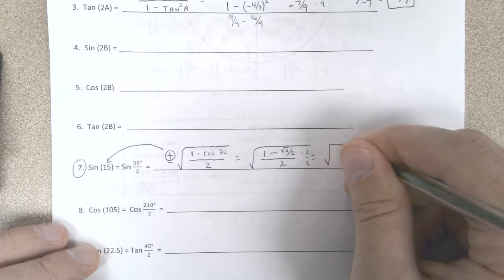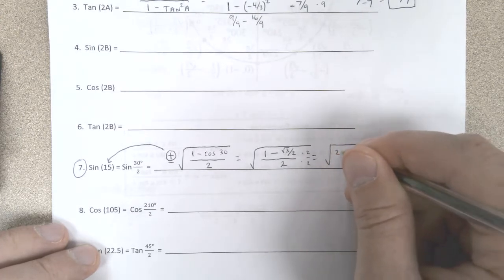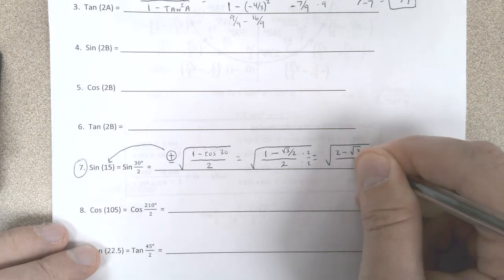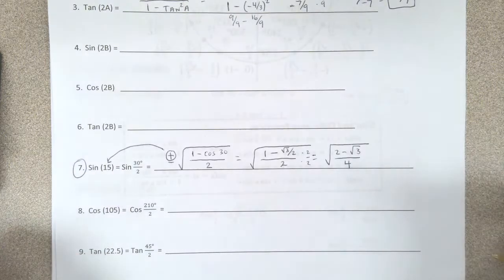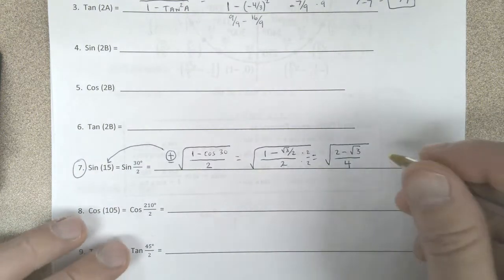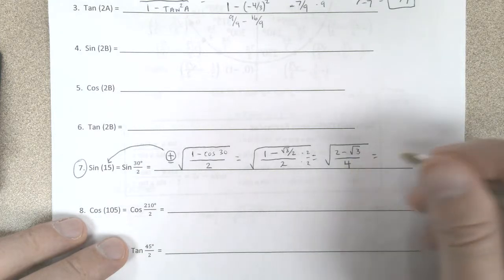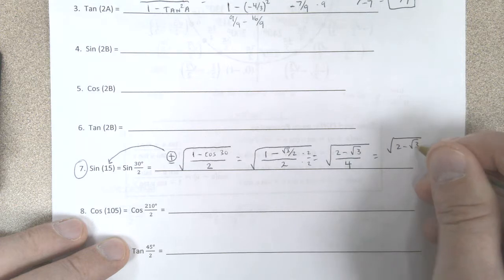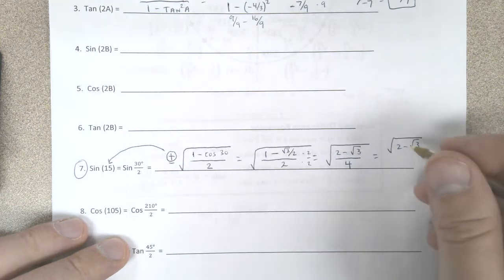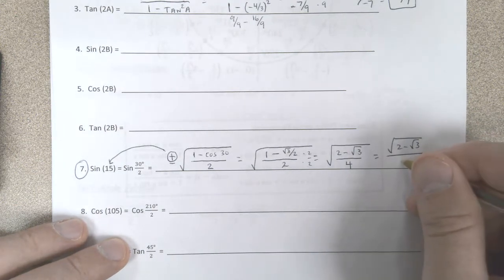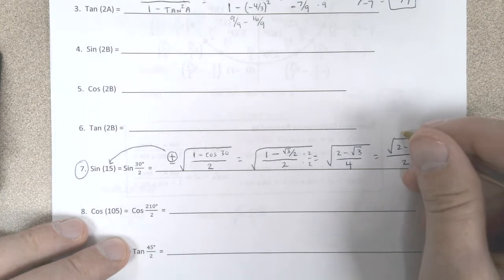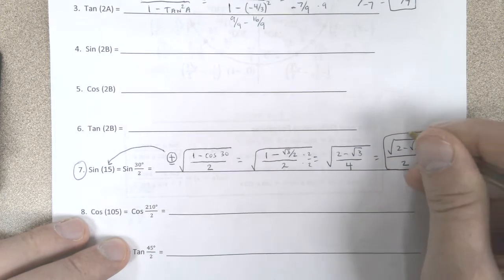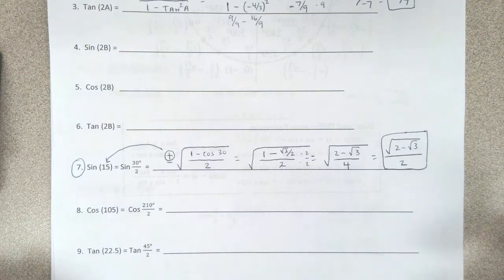So I end up now with 2 minus radical 3 all over 4. And then I can take the square root of 4. So it's basically the square root of 2 minus radical 3 all over 2. And again, it is going to be positive because we are in the first quadrant there.